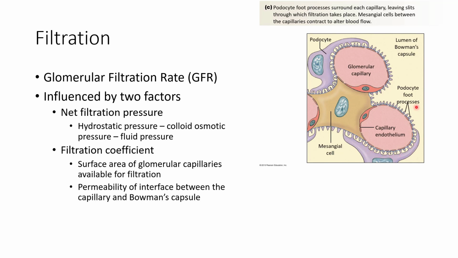And these podocytes have these little foot processes that serve as that interface between the capillary and the Bowman's capsule. And depending on how tight these foot processes are, we could increase or decrease that filtration coefficient.